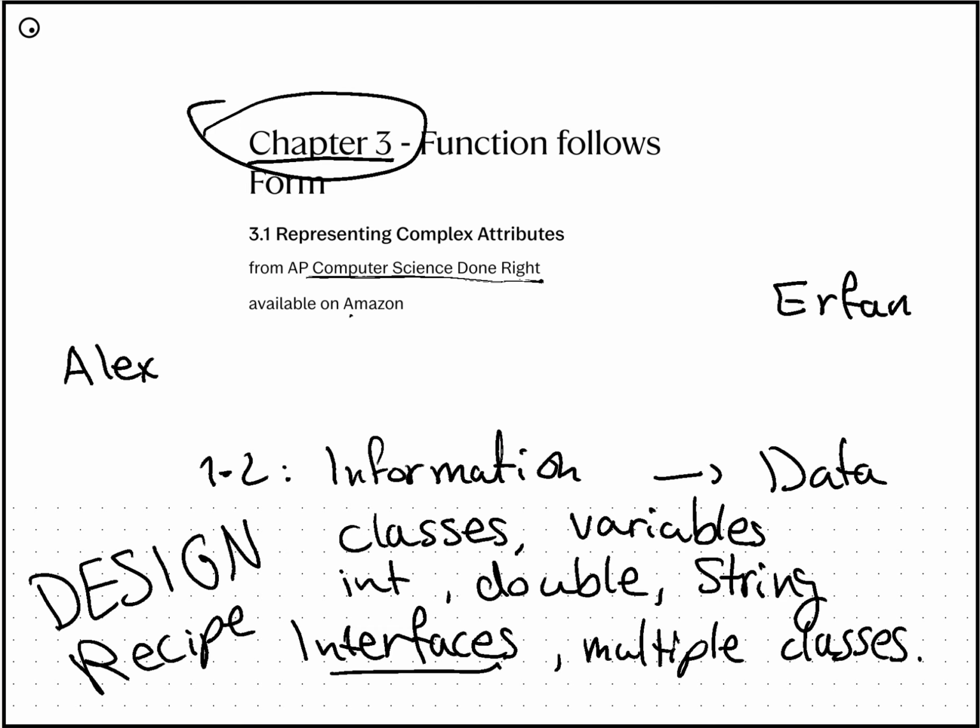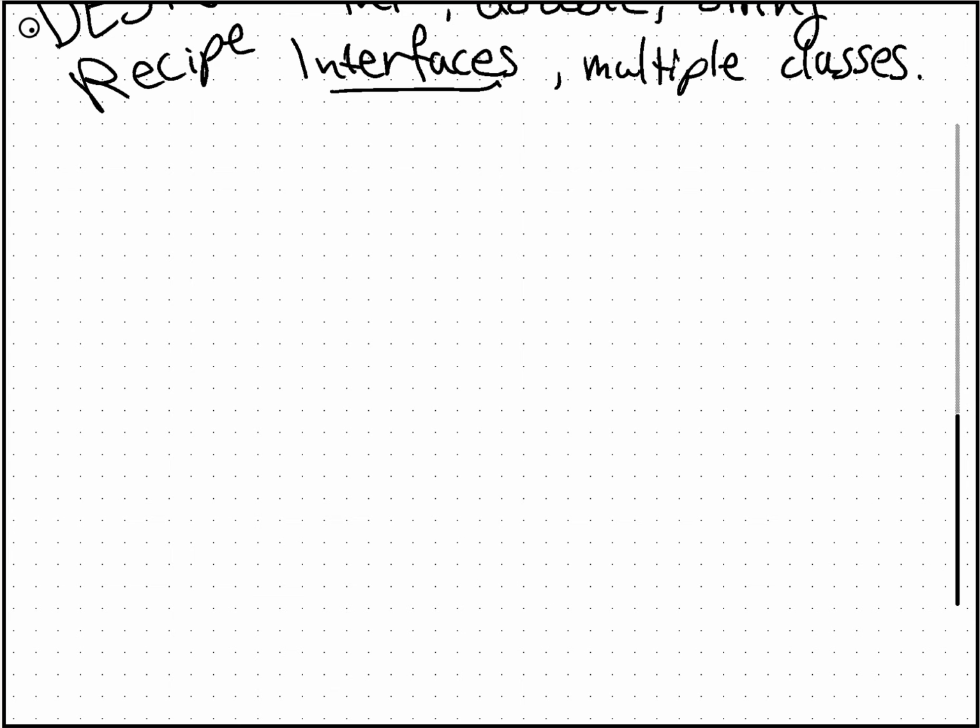Should we start with Chapter 3? Let's start Chapter 3 together. In this chapter, we're going to learn about representing complex attributes. This is the first section. So far, we learned about two different ways of representing numbers.